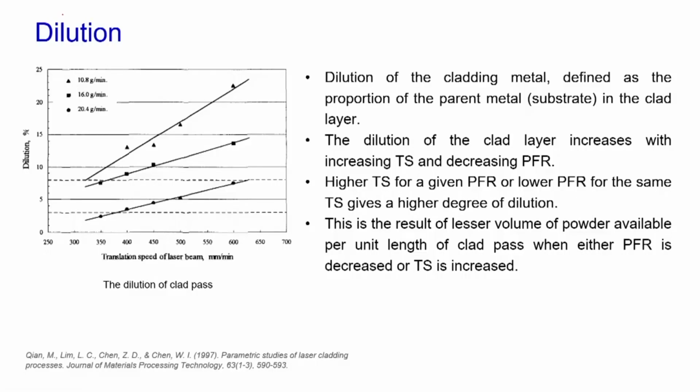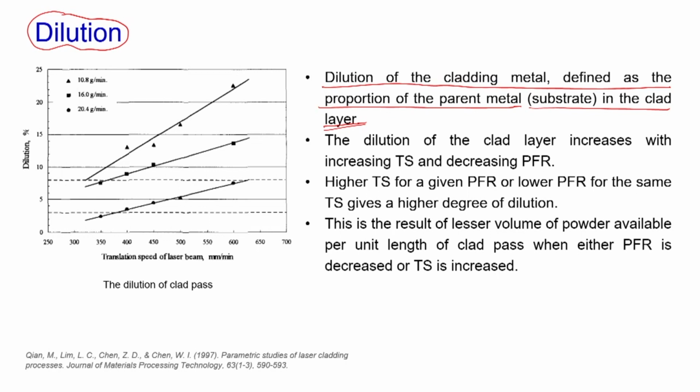Now, there is another parameter that we also have to take into consideration, that is the dilution. Dilution in laser cladding is defined as the proportion of the parent material, or the substrate, in the clad layer. We have to find out how much of the parent material is diluted inside the clad material.